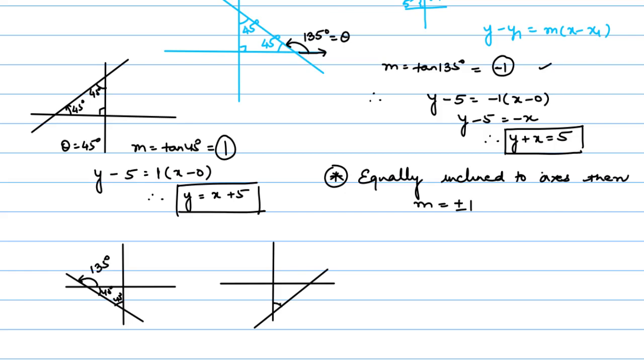If this is the case, this is 45, this is 45, therefore this is also 45. Now in this case angle of inclination is 45 degrees, therefore the slope again becomes 1. Therefore the only possibilities are m can be plus 1 and minus 1 when the line is equally inclined to the axis, and therefore their equations we have found out.